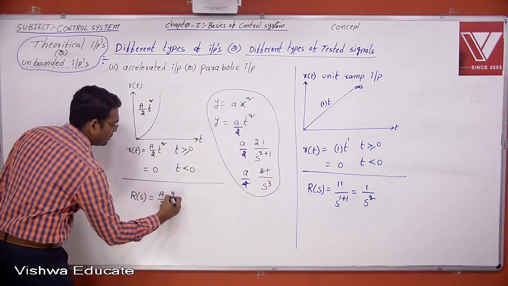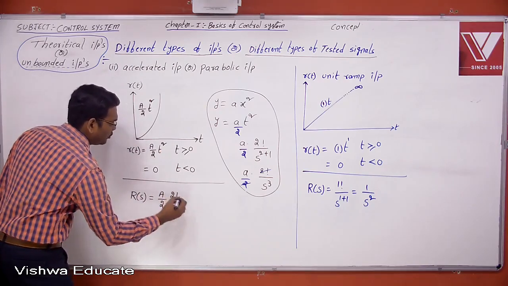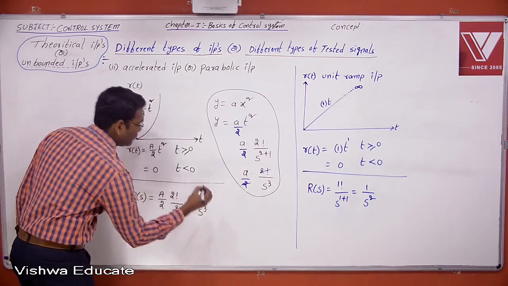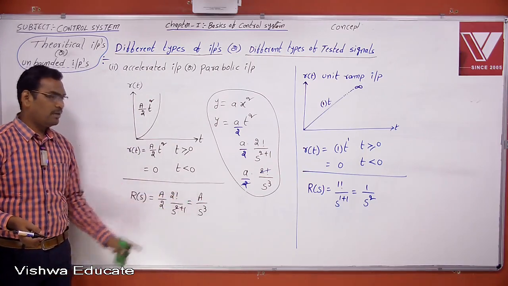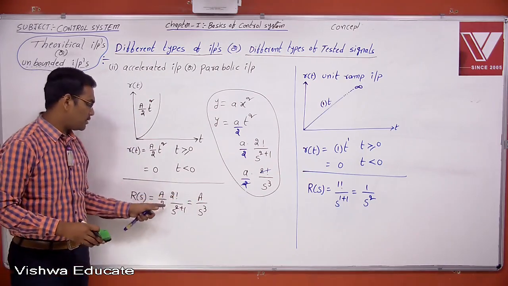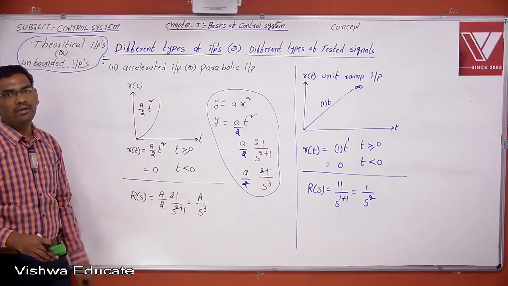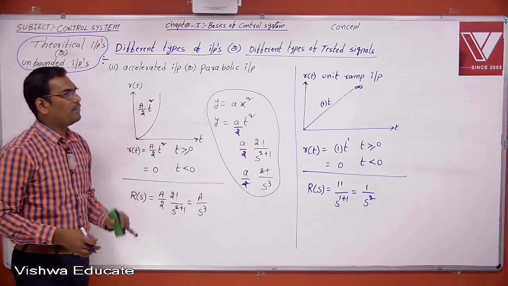T square means 2 factorial by s power 2 plus 1, 2 cancels, which is equal to a by s cube. In order to cancel this 2, I took a by 2 here. This is the accelerated input or parabolic input.